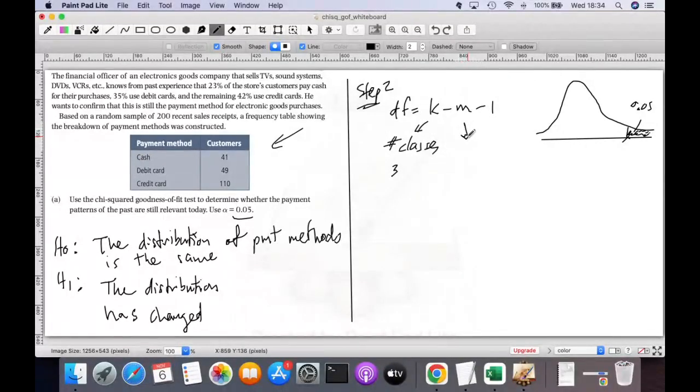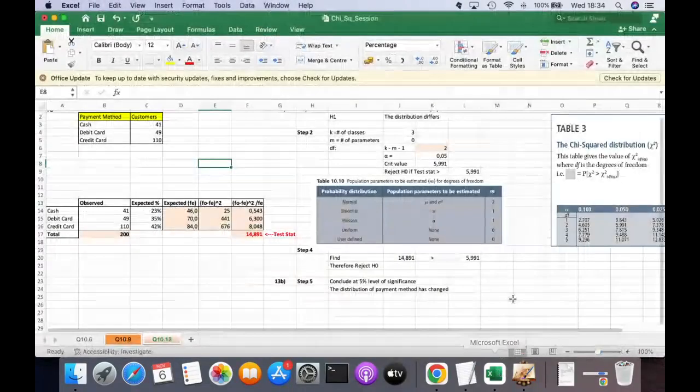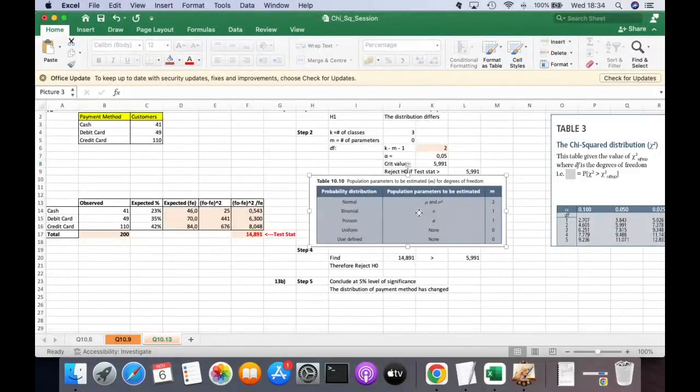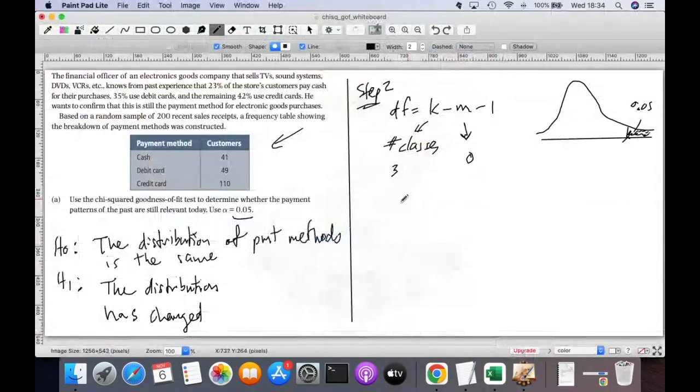A handy table in your textbook to refer to is on page 305. I'm just going to copy this table and put it on the whiteboard.